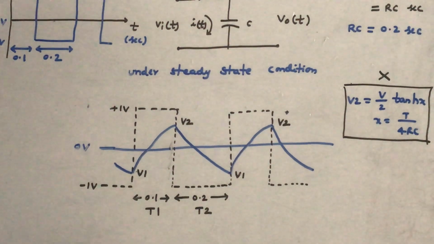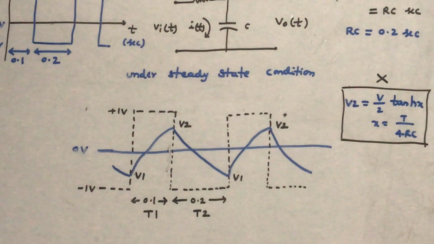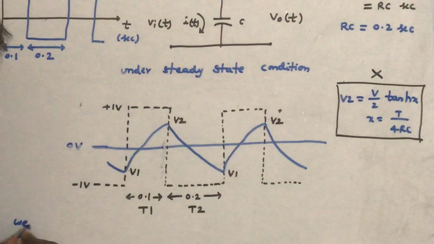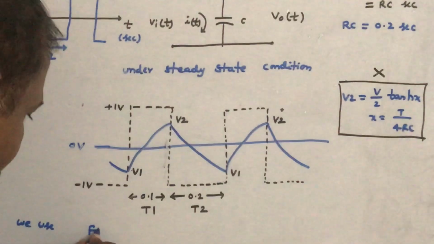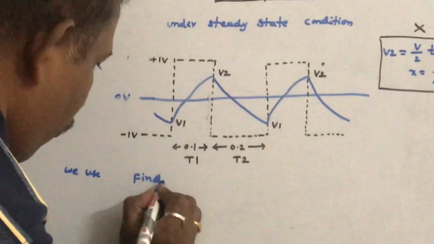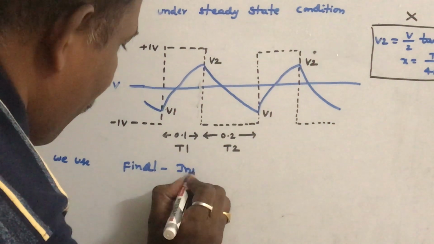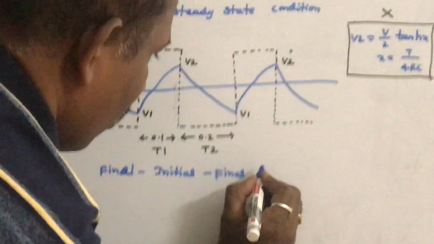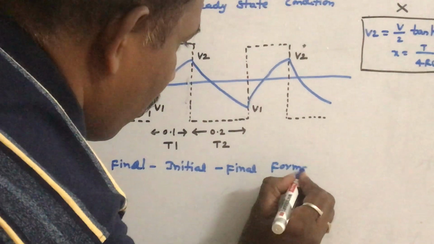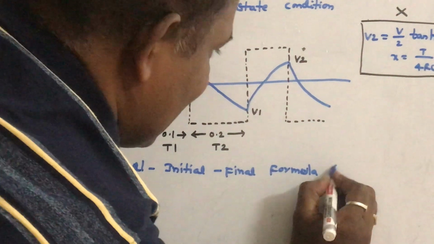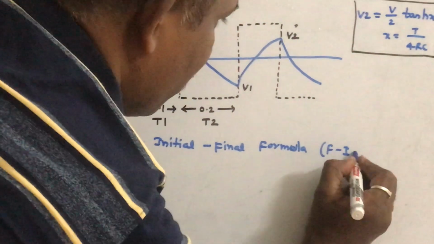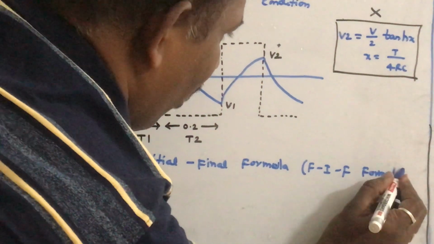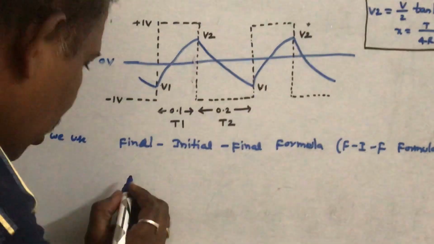So in order to solve this problem, we use the FIF formula: final, initial, final formula, which I call it so that it is easy to remember.